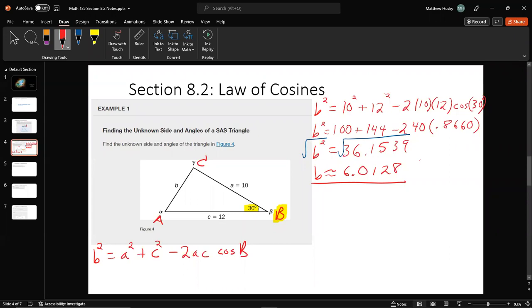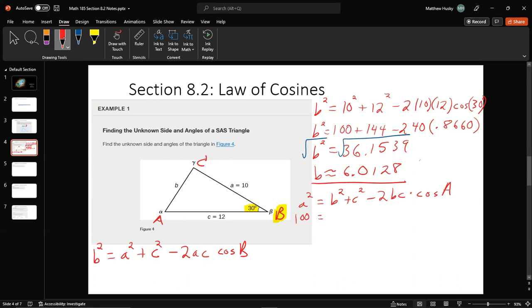Next, our goal would be to solve for one of the other angles. Let's just go ahead and pick angle A, since it is first alphabetically. If we were to solve for angle A, we need the formula with big A in it, which is going to be a squared equals b squared plus c squared minus 2bc times cosine of A. So again, a squared, we found that earlier, that's 100.